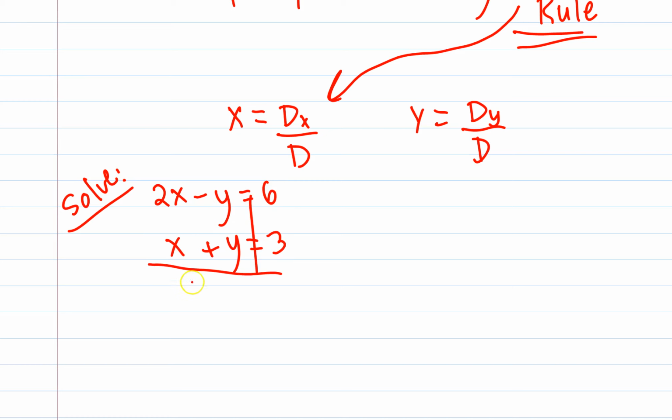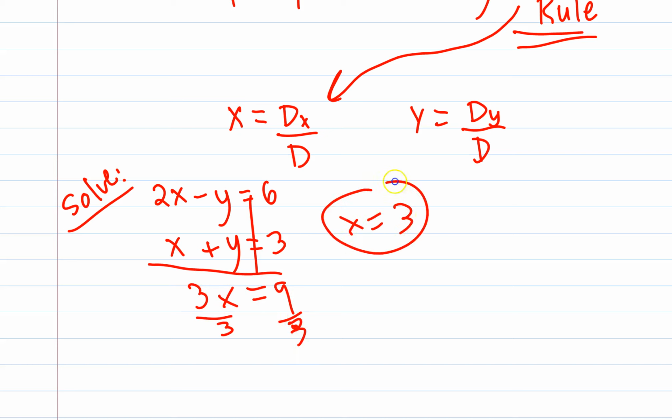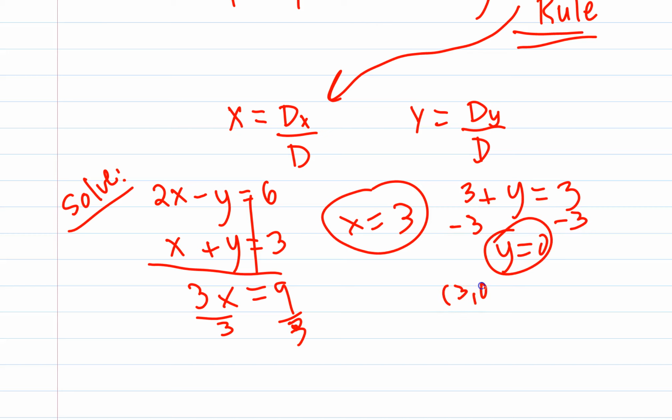And the y's would cancel out, leaving me with 3x equals 9, dividing, x equals 3. How would I get y? We have to plug in x. That's pretty easy. 3 plus y equals 3. Subtracting it, y equals 0. So we have 3, 0.